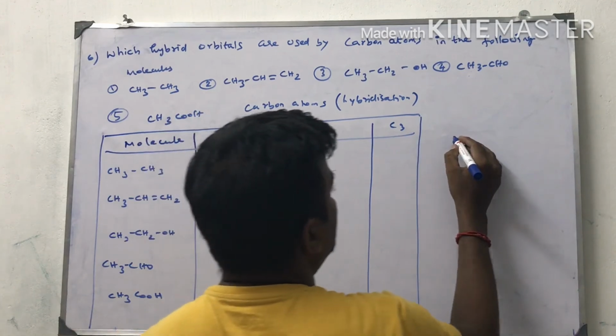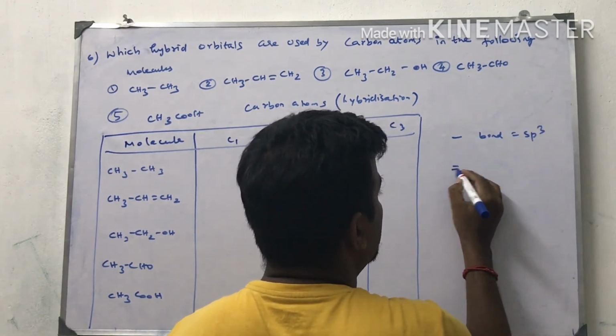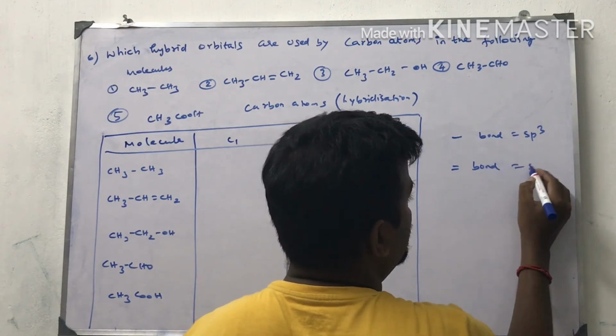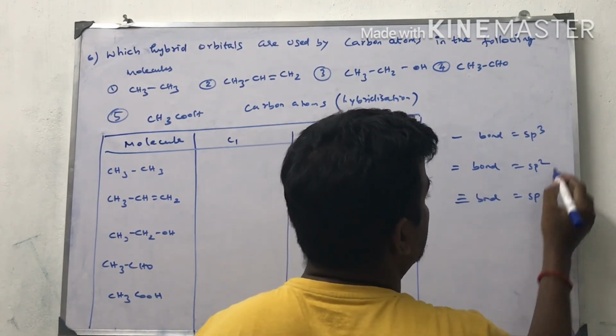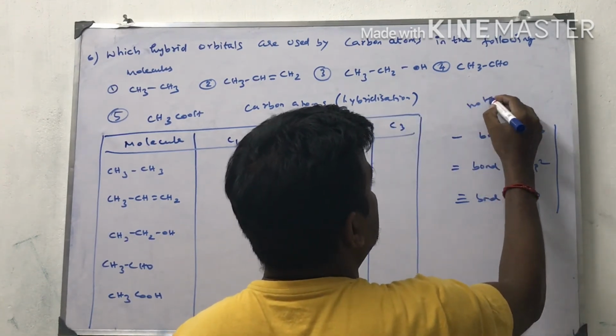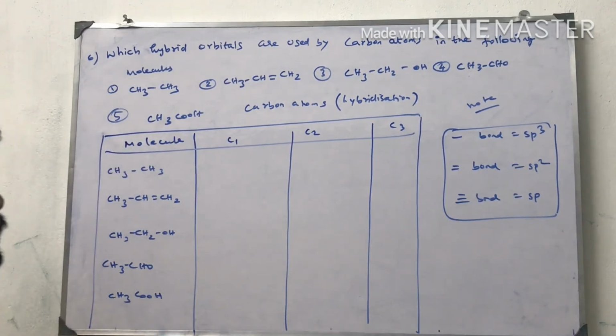We are going to solve the question with the help of single bond, double bond and triple bond. Already we have discussed: single bond means sp3 hybridization, double bond means sp2 hybridization, triple bond means sp hybridization. This I have explained in my class hours. Now we apply it here.